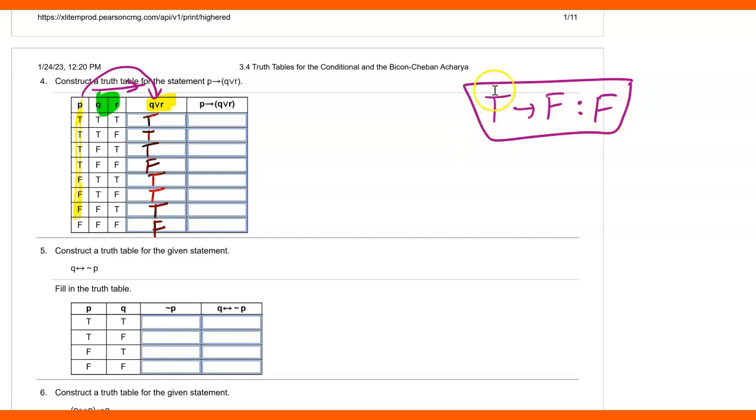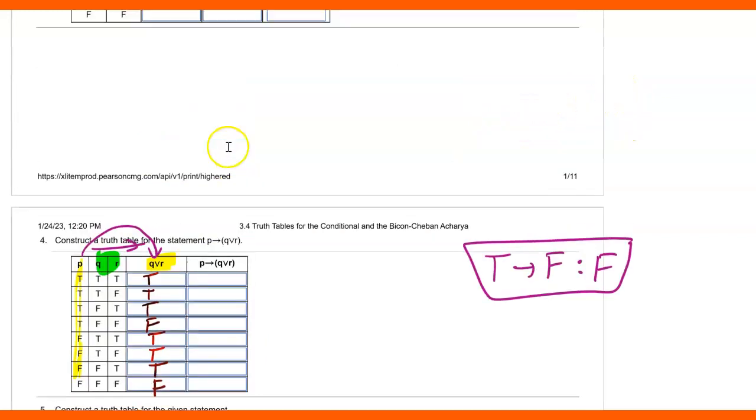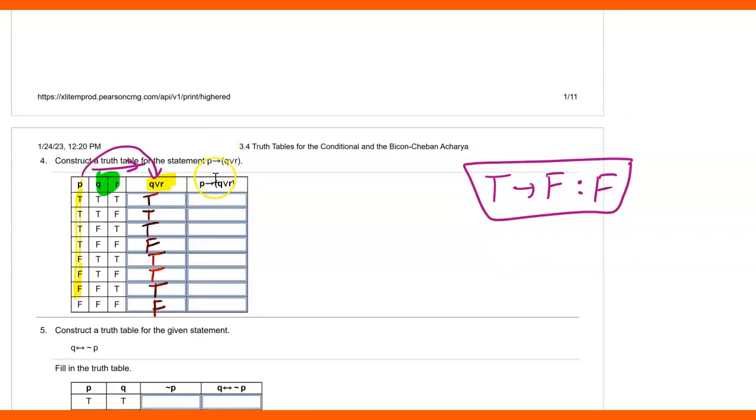Therefore, if you have T in front of the arrow and F in the back of the arrow, that's going to be F. Now, to fill this last column, you're looking at P, which is in front of the arrow, and Q or R in back of the arrow. Therefore, looking at T arrow T, T arrow T again, which is T. T arrow T is T, right?